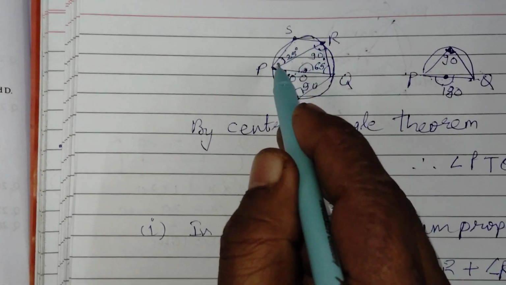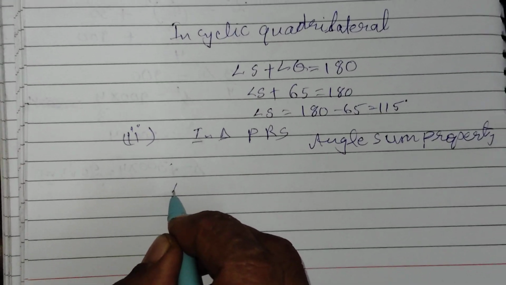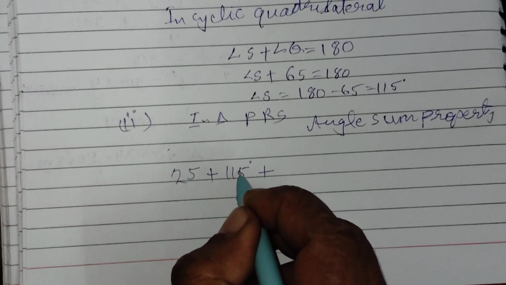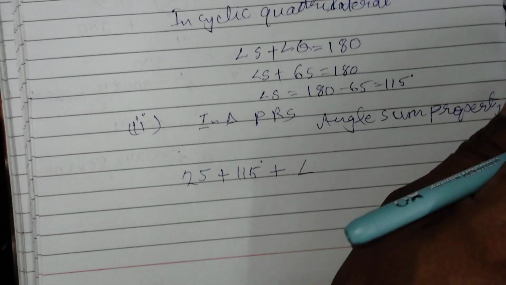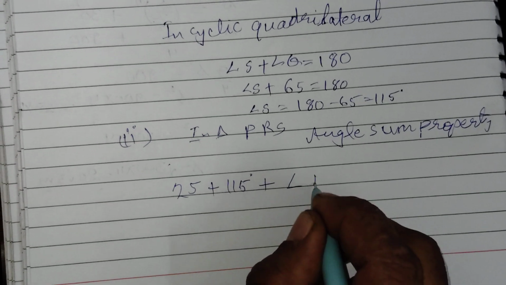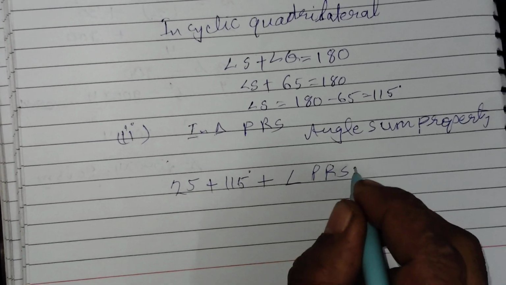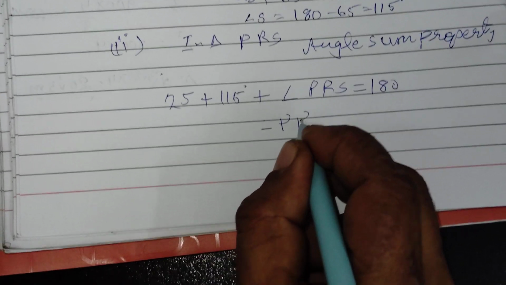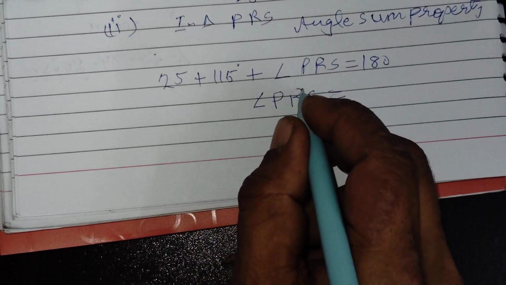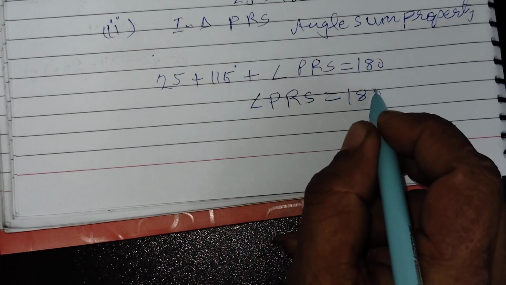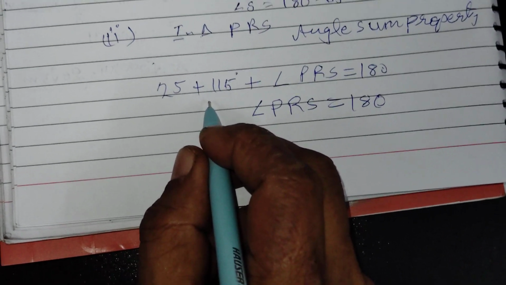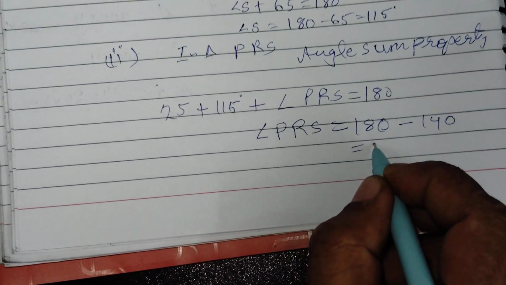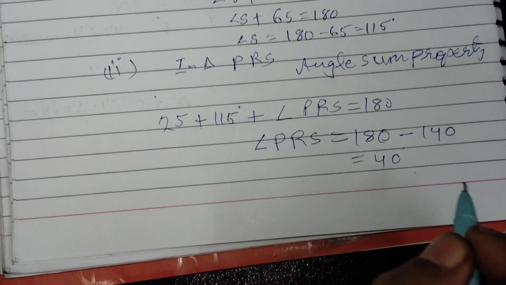So angle SRP can be found: 25 degrees plus 115 degrees plus angle PRS equals 180 degrees. So angle PRS equals 180 minus both values 25 and 115, which makes 140. So 180 minus 140 we get 40 degrees. So the second answer is 40 degrees.